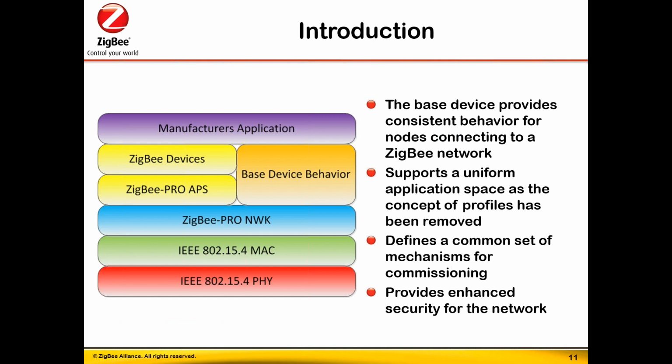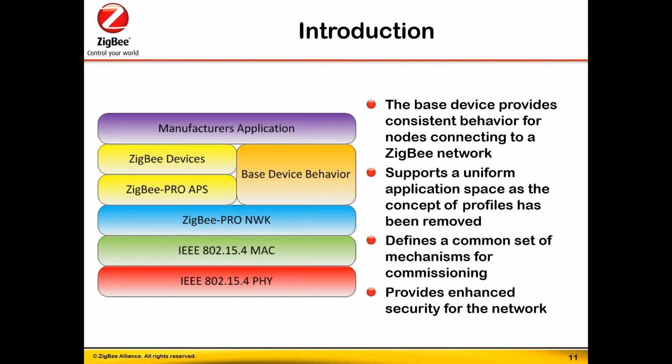Okay, so the base device sits between the network layer of the Zigbee Pro stack and the manufacturer's application, and it supports the application support sublayer and the Zigbee device descriptions that we have. So it provides a consistent set of behaviors for nodes that connect to a Zigbee network, and they do that in a very consistent way. It supports a uniform application space, and one of the things that we've done in Zigbee 3.0 is remove the concept of profiles.